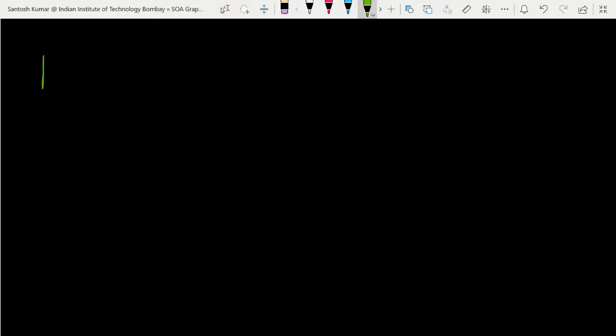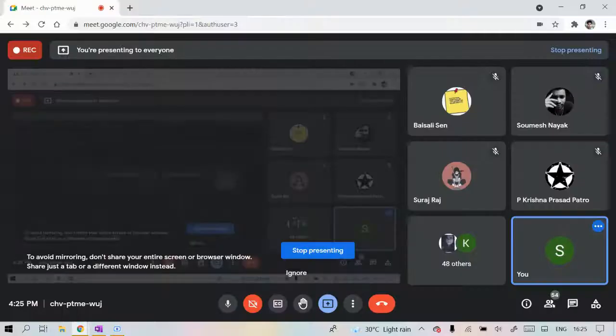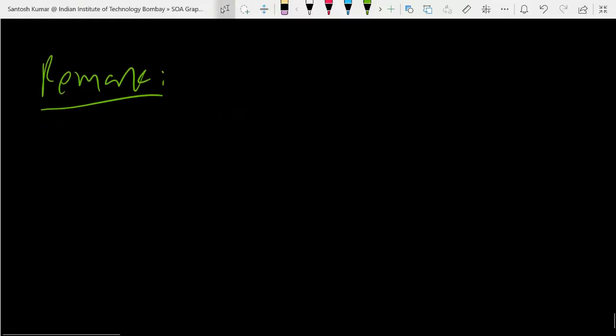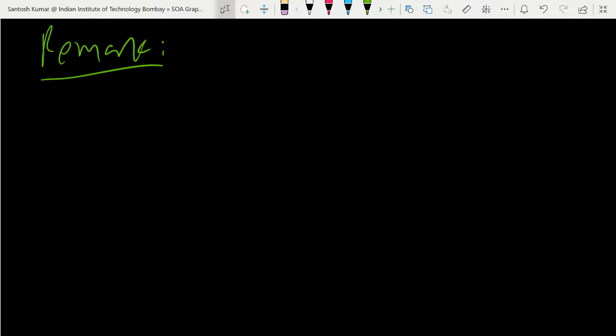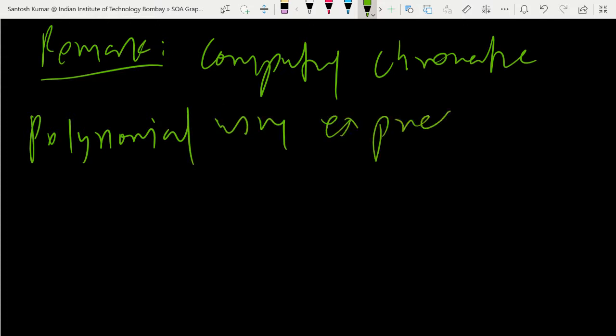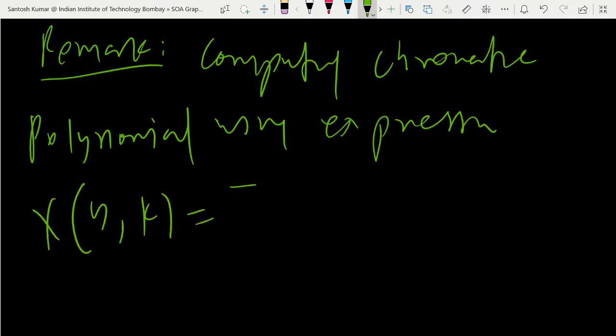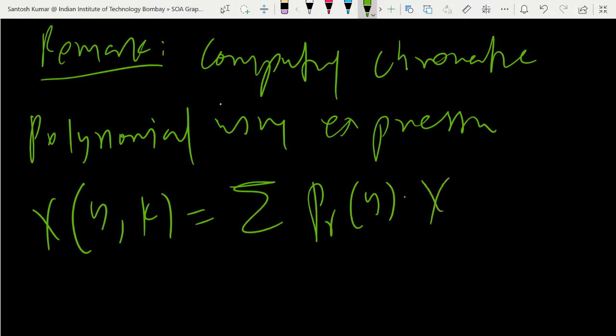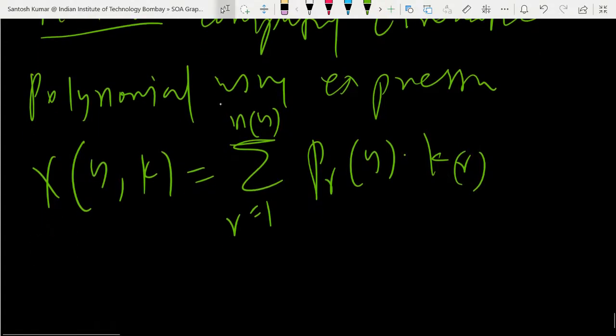Using this method, we already derived the formula for C4. So let me write the remark. In the remark, computing the chromatic polynomial using this expression, the chromatic polynomial of G as the sum of P_r(G) times k_r, r from 1 to n_G, is not generally feasible.